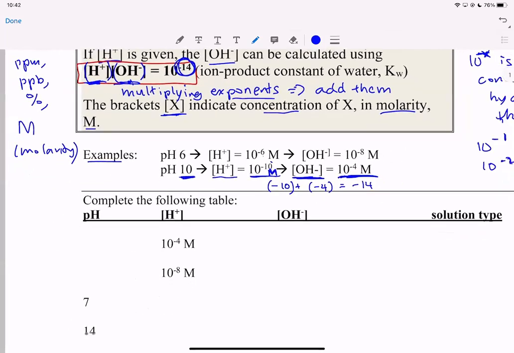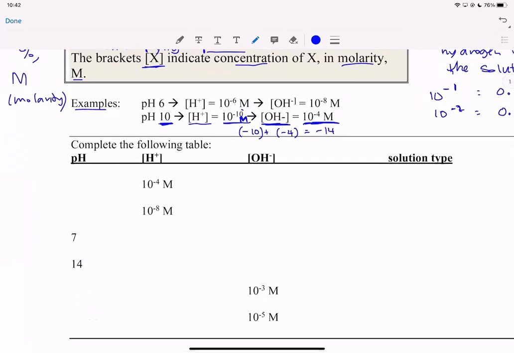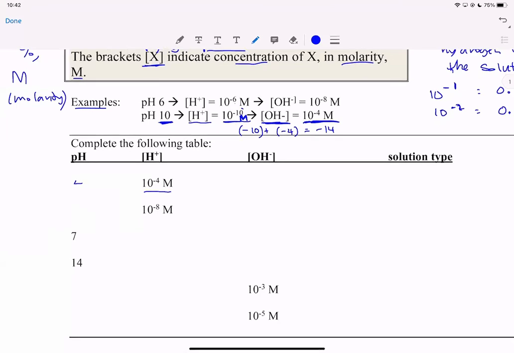Okay, so let's see if we can figure out, when you are given the pH value, you can figure out the hydrogen ion concentration. Or when you're given the hydrogen ion concentration, you can figure out the pH value. That's the first one. So when you have the hydrogen ion concentration of 10 to the -4 molarity, the pH value is 4.